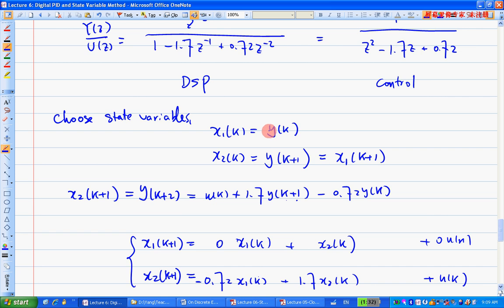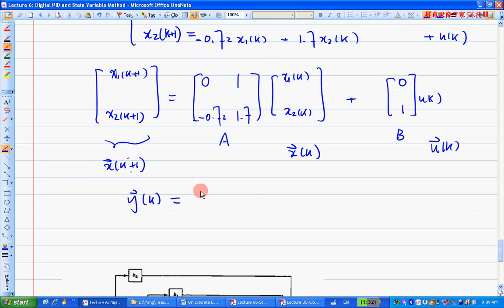So then the output is only the first state variable. I'm using x of k here, so this is the vector. Maybe write x1 here, x2 here. So the output has nothing to do with x2, it's only x1. So just 1, 0 here, right? x1, 0.